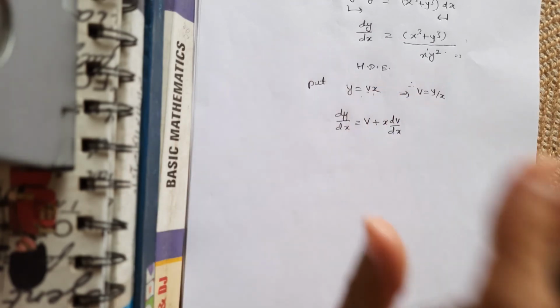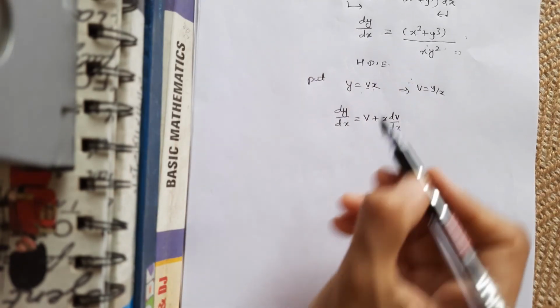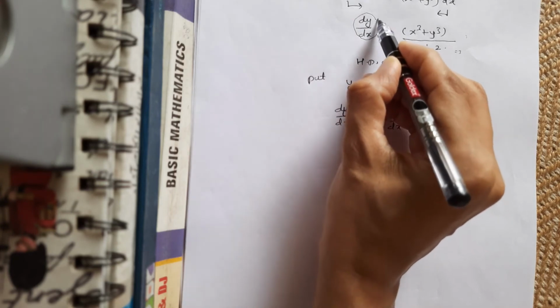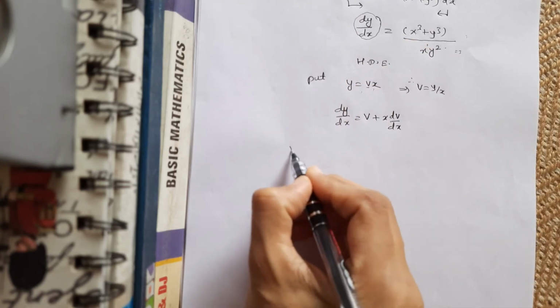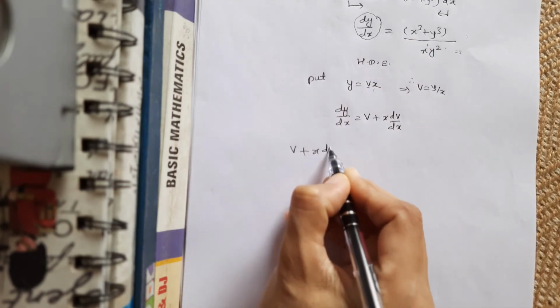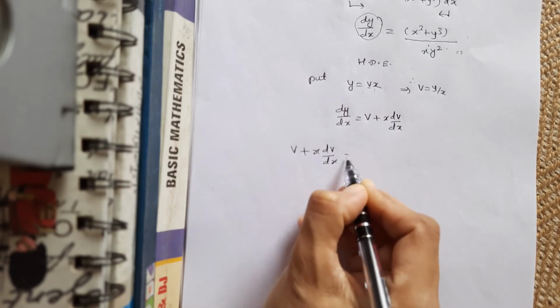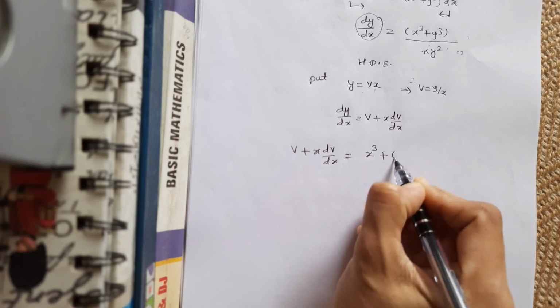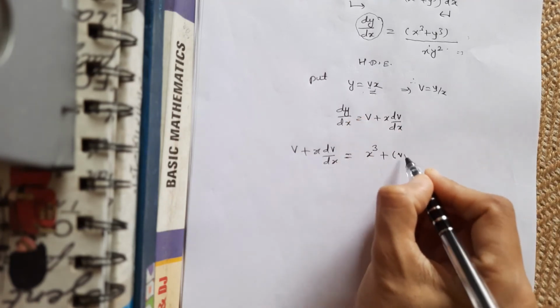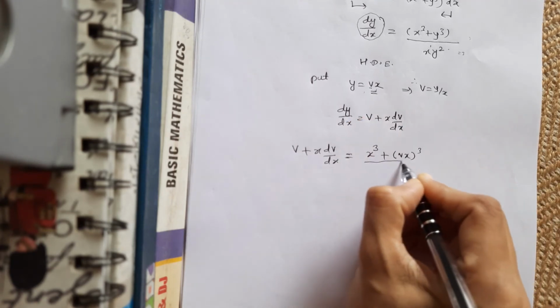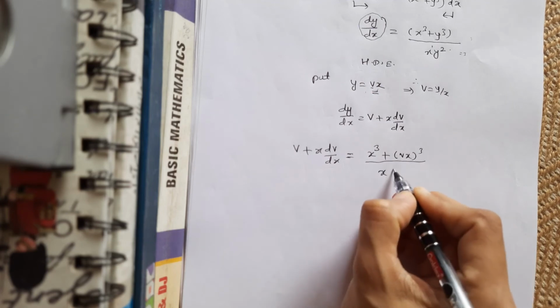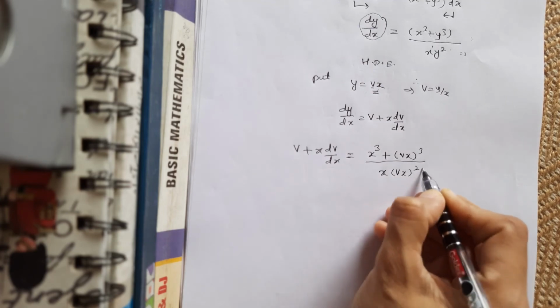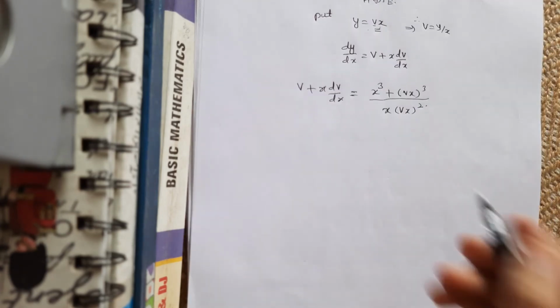This is a fixed kind of substitution that you need to make. Now I am just replacing it. Instead of dy/dx, I will write v + x dv/dx equals, now x I am not replacing, so x³ as it is, and y we replace with vx, over x as it is, (vx)². Just simplify it.